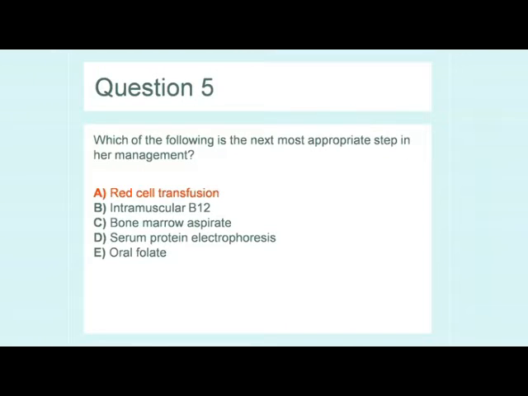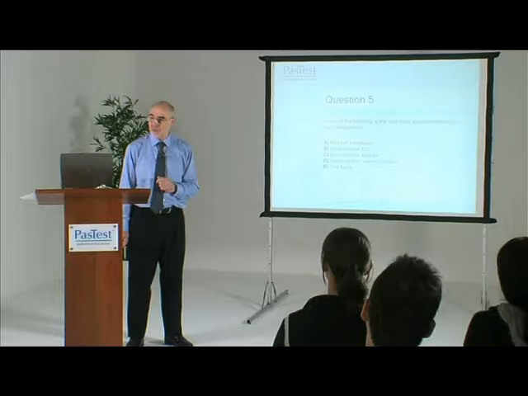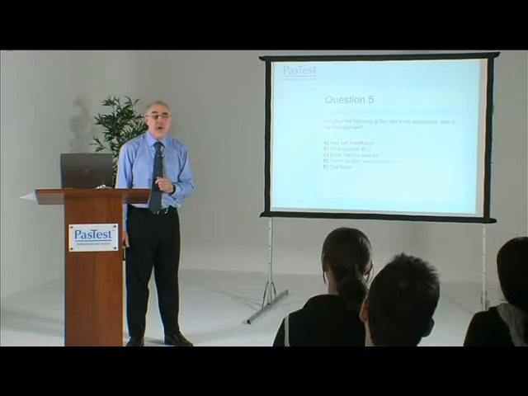Bone marrow aspirate is not generally considered to be necessary in the diagnosis of macrocytic or megaloblastic anemia. We would usually reserve bone marrow examination for those cases who are not responding to treatment or where there is genuine diagnostic difficulty after we have done the appropriate blood investigations.